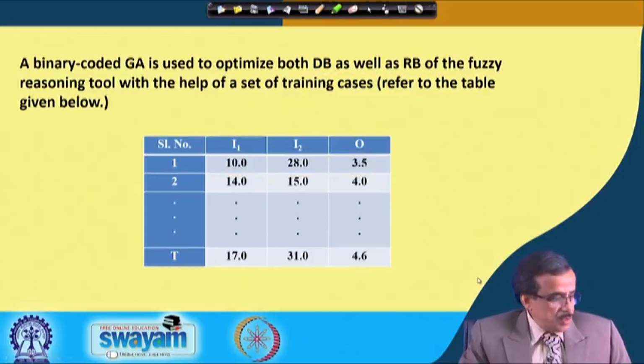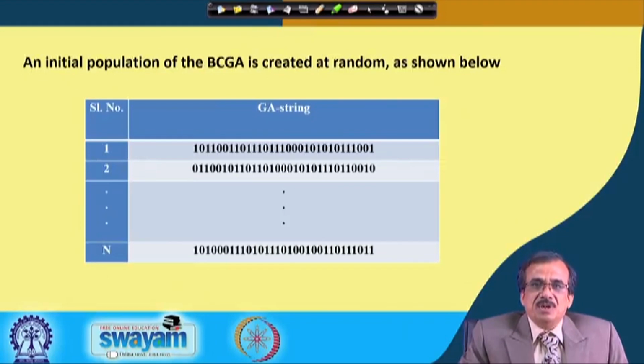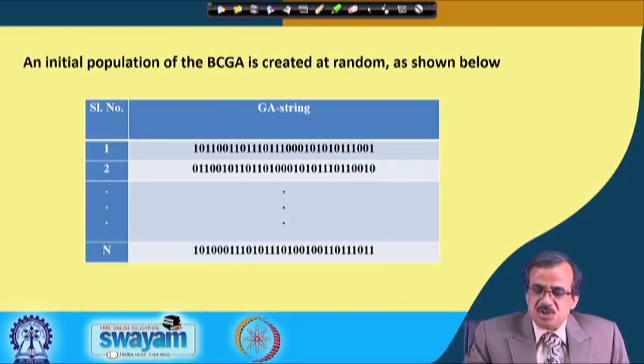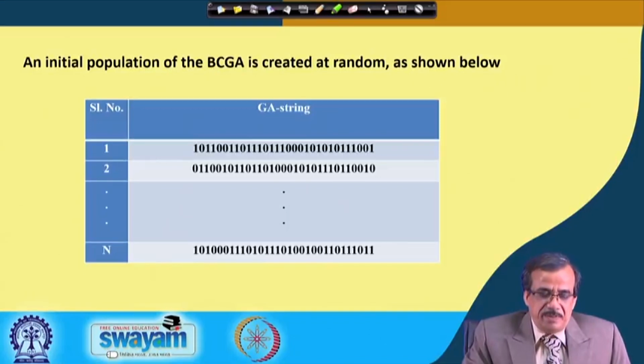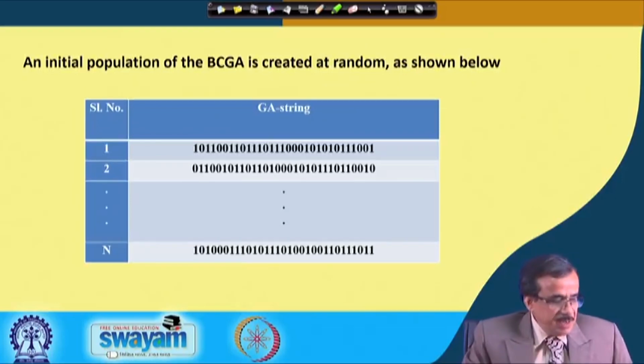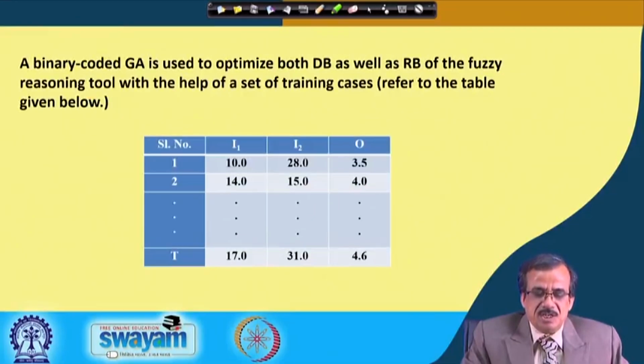Once you have got this training scenario, we will have to design the GA string for the binary coded GA. Now, this GA string will carry information of all the design variables. Now, what are the design variables? Let me have a look first.